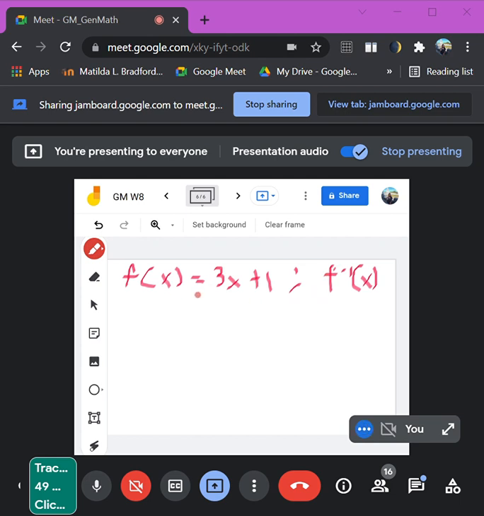So, first step na atong buhaton is we are going to write the function in the form of y is equals to f of x. So, kaning f of x, i-change nato siya into y and then copy 3x plus 1. Okay, and then after you finish that one, i-interchange na nato atong value of x ug value of y.